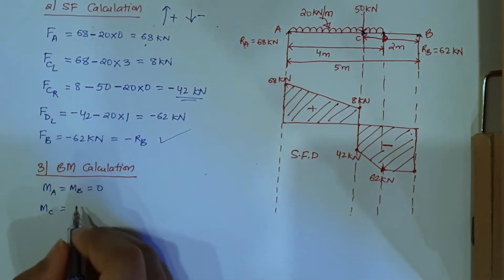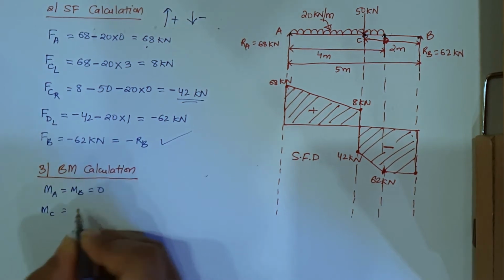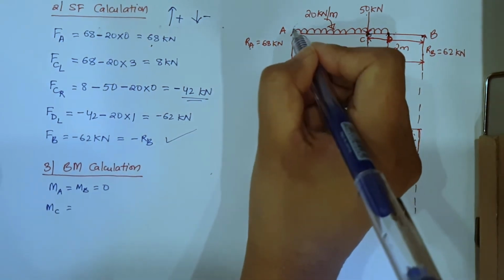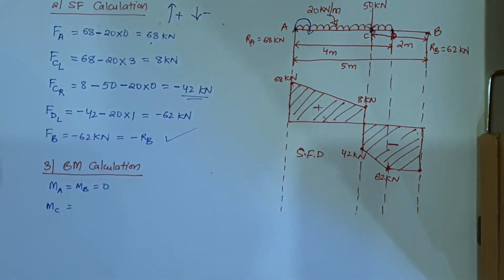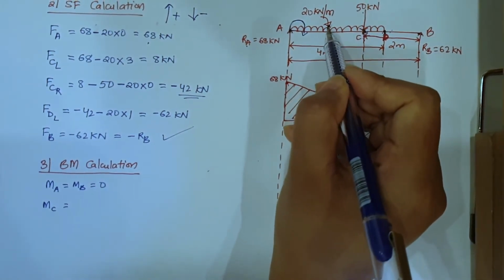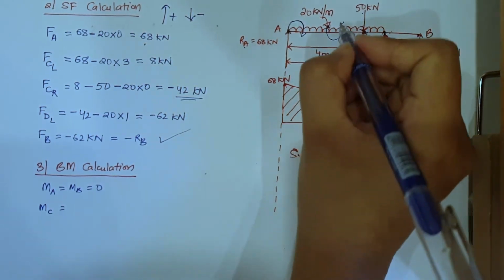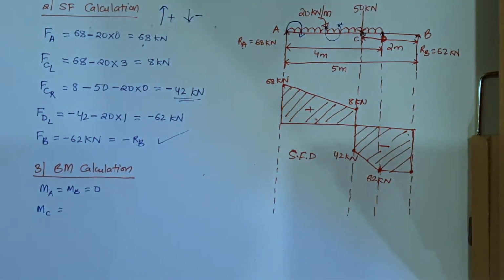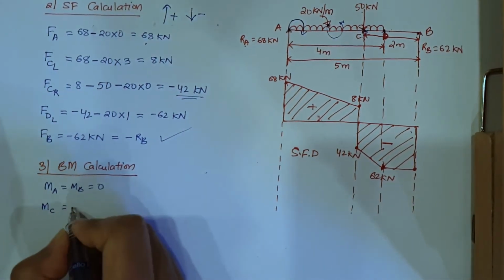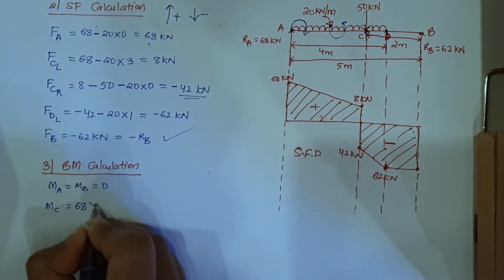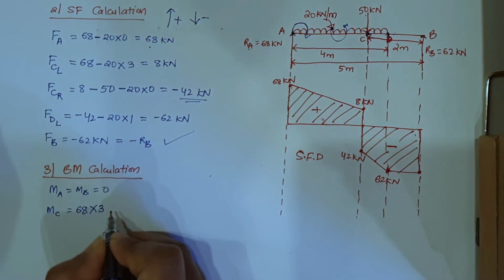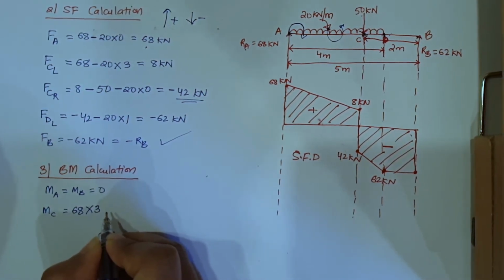Okay, so what do we have? First force that we have is reaction RA. So reaction RA towards C will go in this direction, right, which is clockwise direction. And this 20 kilonewton load, how will it go towards C? It will go like this, and which direction is this? Anticlockwise. So let us find moment at C. So I have 68 into distance to C which is 3, right, and 20 kilonewton per meter load is going in an anticlockwise direction.